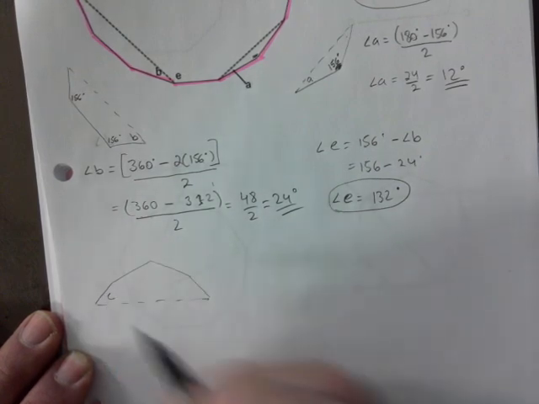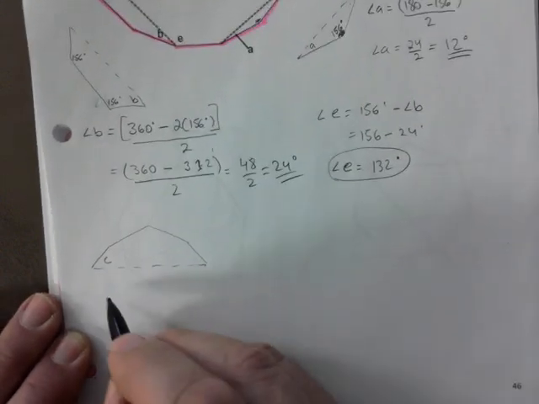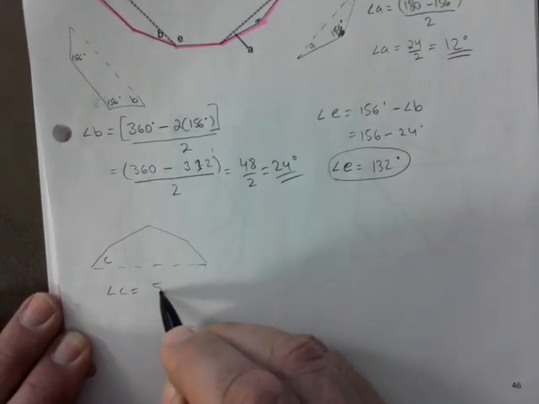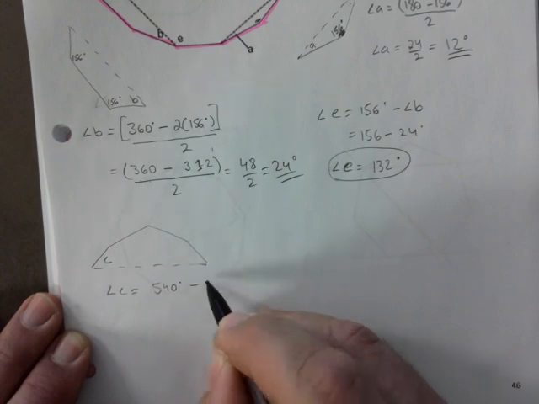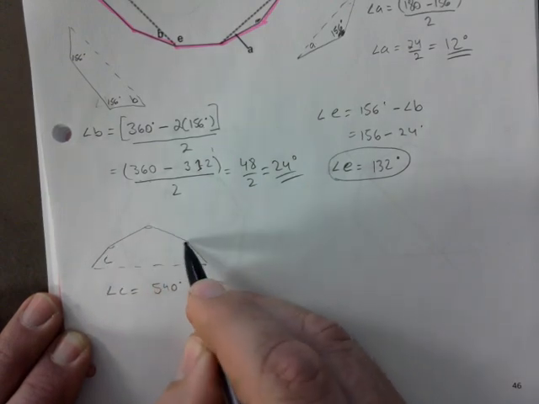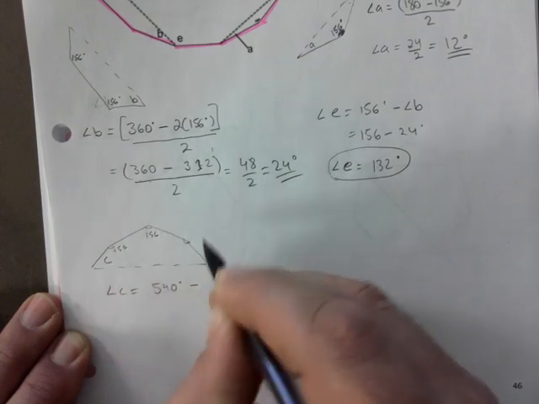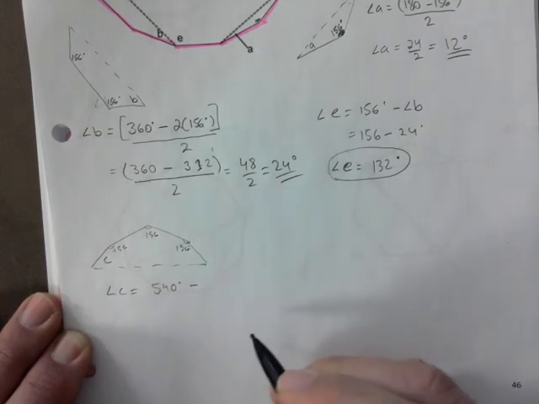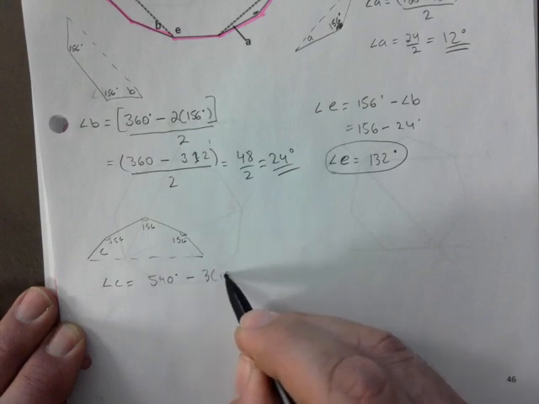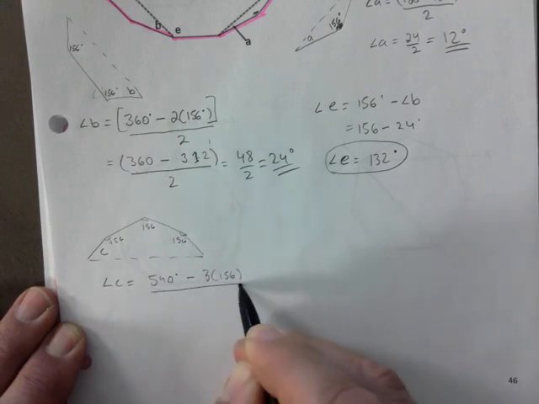So this is C. So to find angle C, I'm going to go 540 minus 3 interior angles up here. Right? So 156, 156, 156. So 3 times 156, all of that divided by 2.